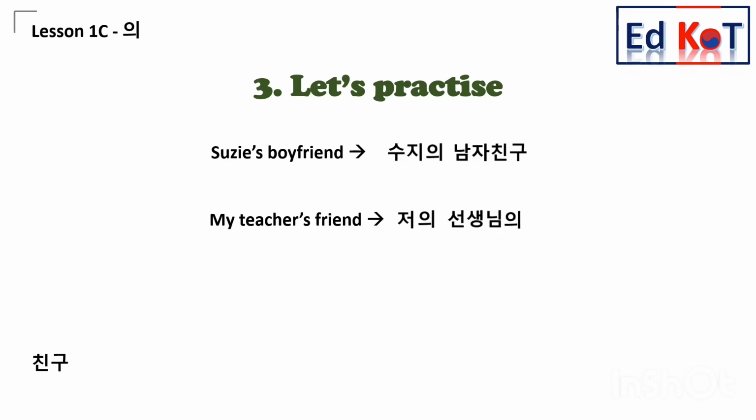So in a sentence, it's 에, so 저의 선생님의, then finish with 친구, which is friend. 저의 선생님의 친구.